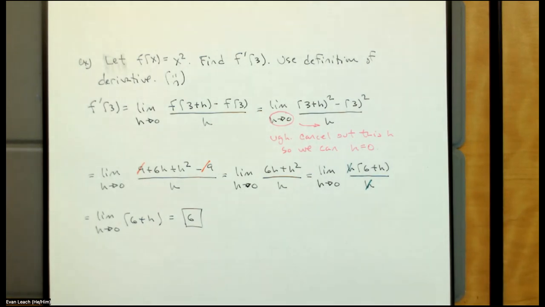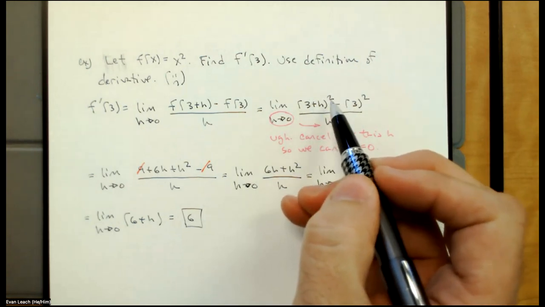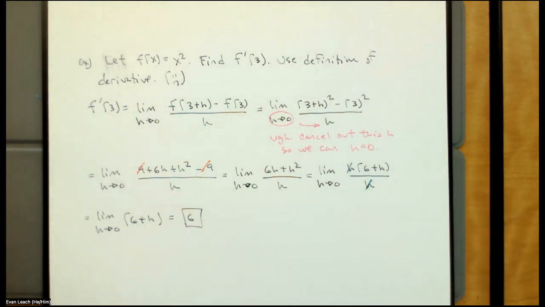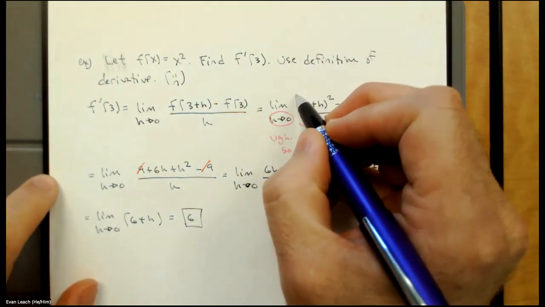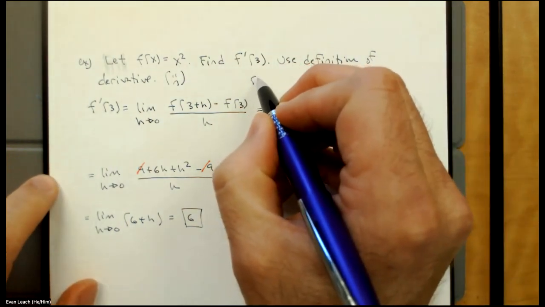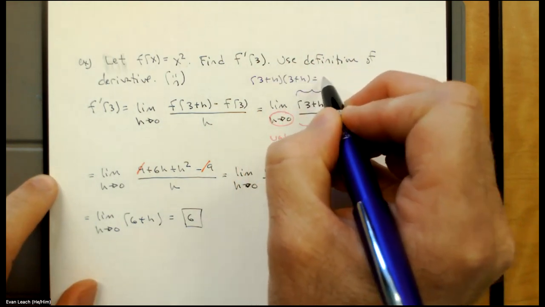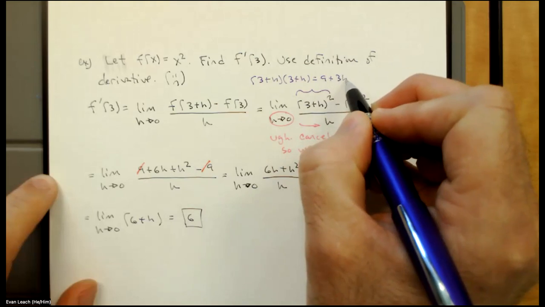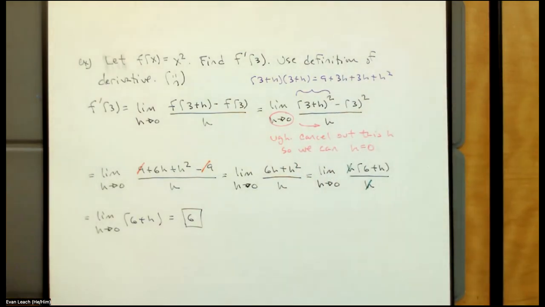The 6 plus h, the 6h came from multiplying this out, 3 plus h squared. So that's where the 9 plus 6h plus h squared came from.